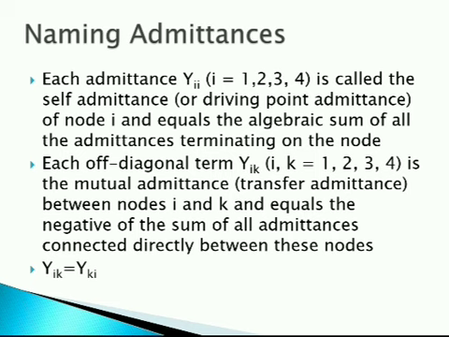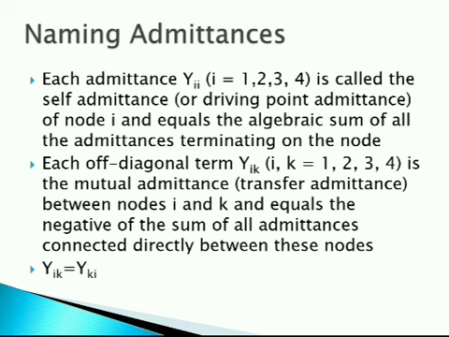There is another type of admittance which we call the off diagonal admittance of the form capital Yik, where both i and k will take different values, up to the maximum of the number of buses present in the system.